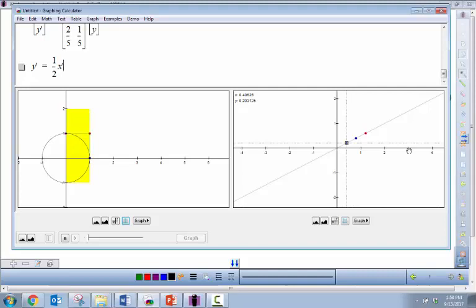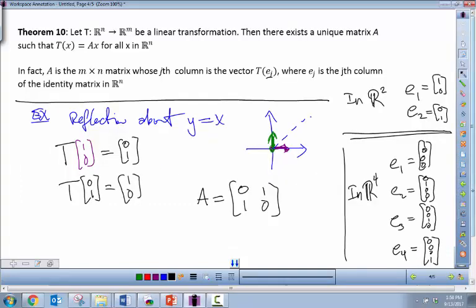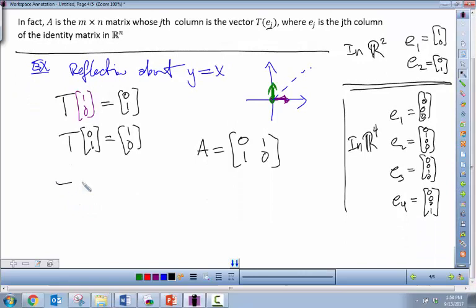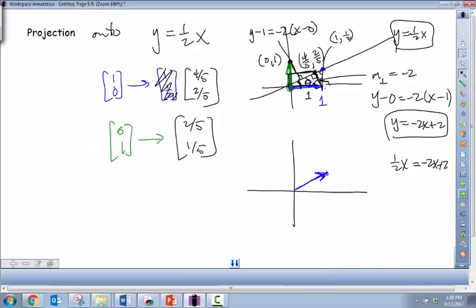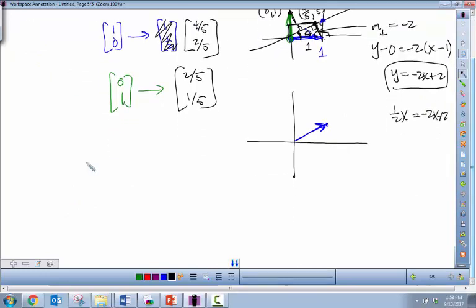Well, let's take a look at our matrix. This is not a nice matrix to work with, but let's take a look at that matrix. So, wait, this isn't it. I think that point actually came out to 6/5, 3/5. Which one? The red dot. All right, so let's see.